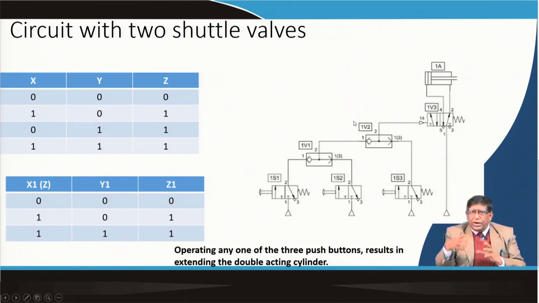Now, you can go on developing different types of conditions. Suppose you have this shuttle valve, and now you have another shuttle valve, and then you have placed a third system over here. In this case, if any of these two is there, this or this, then it will come over here.